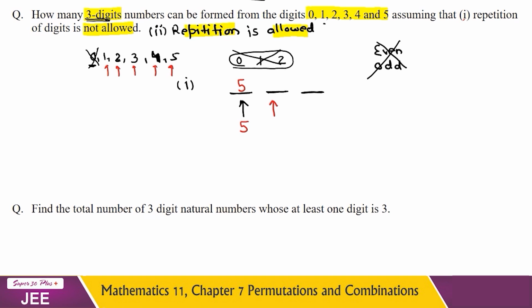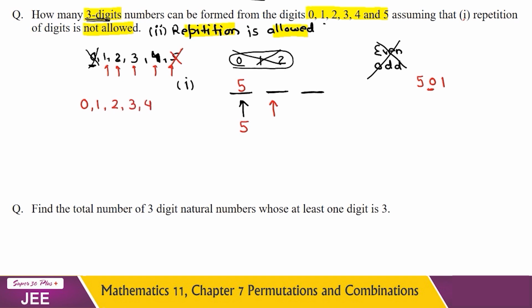So for this second position I don't have 5, but in second position 0 can come. We can have a 3-digit number like 501, which means that at this place even if a 0 occurs, we can make a 3-digit number. So at second place 0 is allowed, 1, 2, 3 and 4 are allowed.